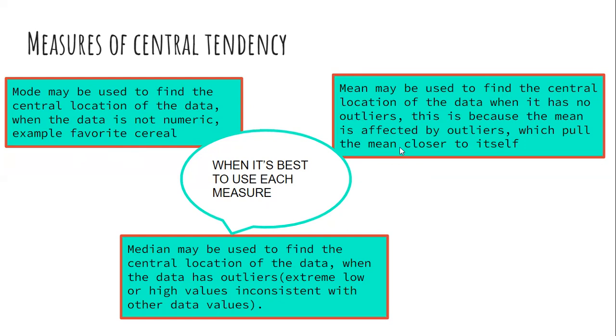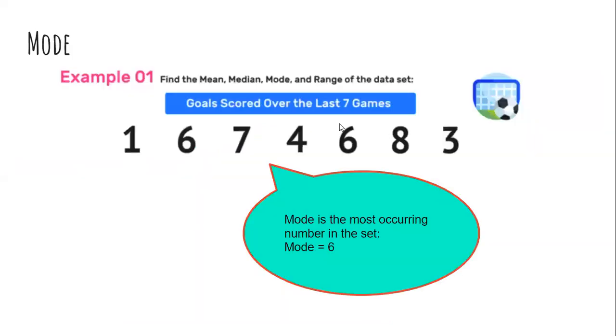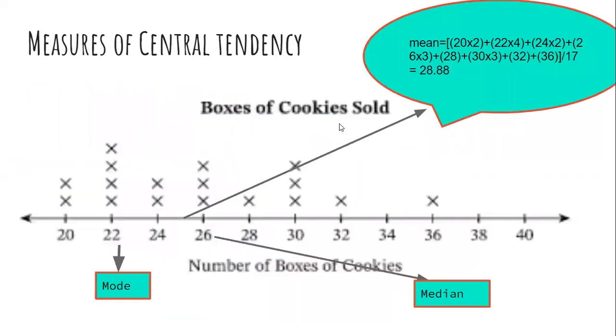And then we come to the mean. The mean is best used when we don't have what we call outliers. Let's go back to our example. Here, all this data is sort of gathered together, but then we've got a bit of an extreme value, a bit removed from the rest of the data.